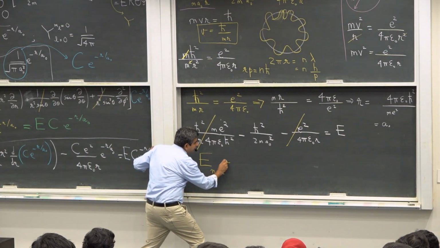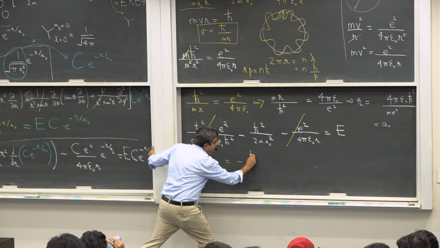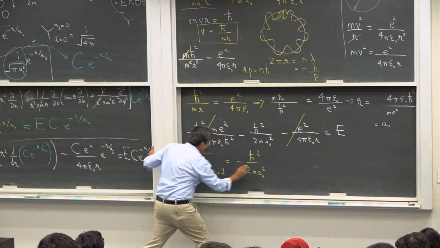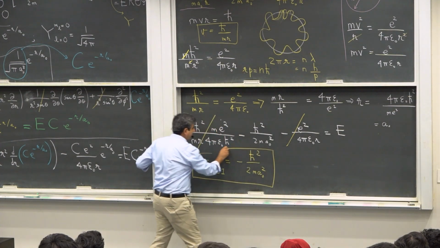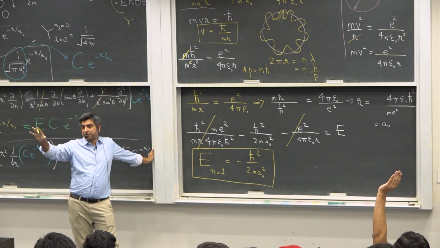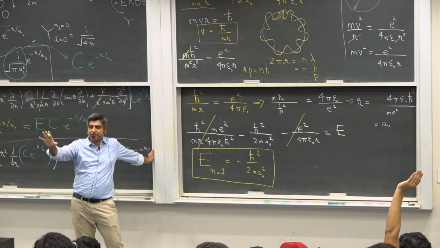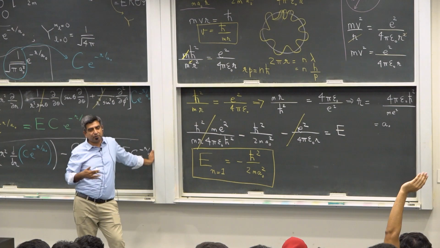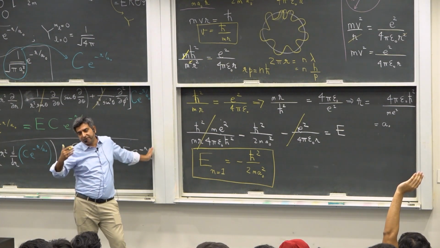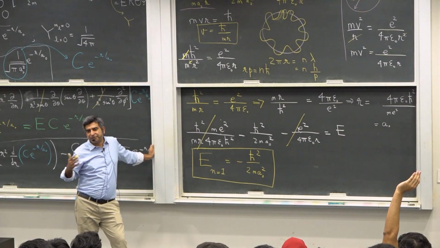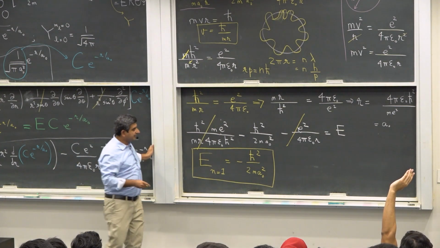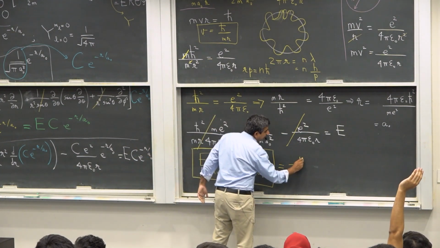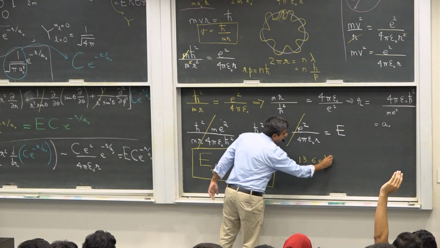So this turns out to be equal to minus h bar squared over 2m a naught squared. And this is a precise energy. If you put in the values for h bar, the mass of an electron, the Bohr radius, which is 0.53 angstrom, 0.053 nanometer, and you get an answer in joules, you convert it to electron volts, this turns out to be minus 13.6 electron volts.